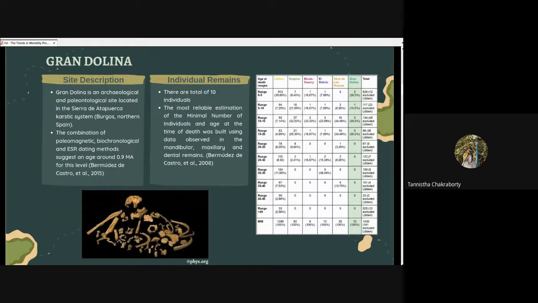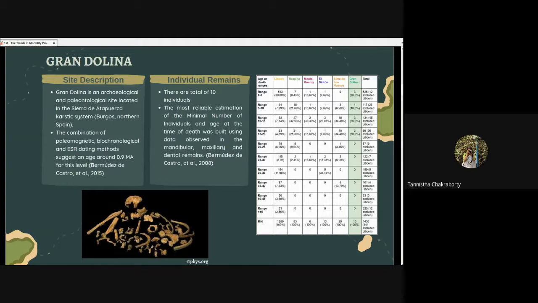The site gives us a chronology of 0.9 million years ago, which has been dated using several techniques. Interestingly, more than 90 human remains have been found in the site in the TD6 stratigraphy, along with Mode 1 tools.